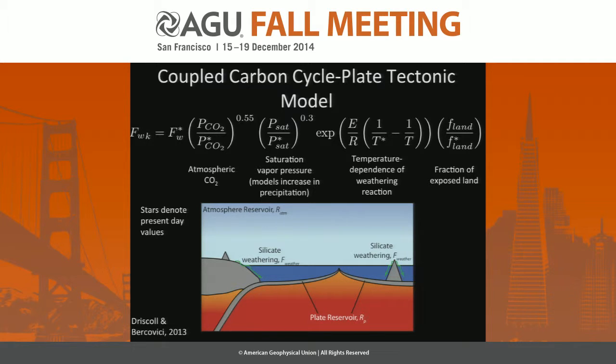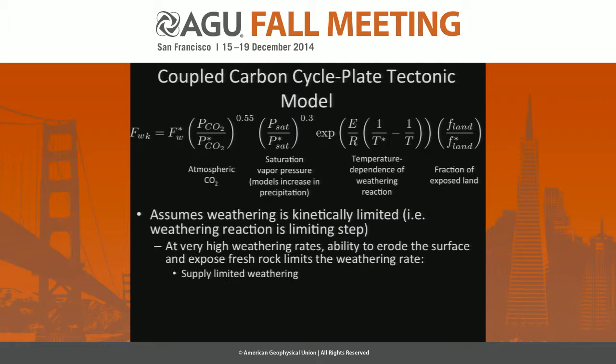All right, but there's an important caveat about this weathering function that everyone basically has used in these carbon cycle models. When you write down this kind of weathering equation, you're assuming, implicitly at least, that weathering is kinetically limited. In other words, that the reaction between CO2 and silicate rocks is the limiting step.